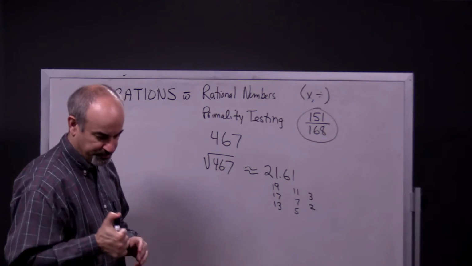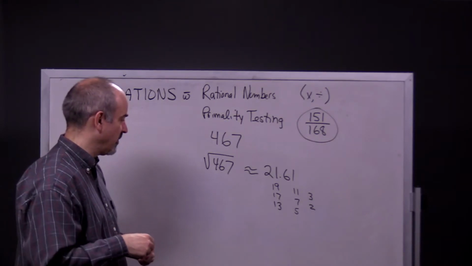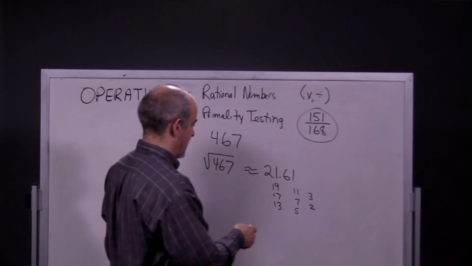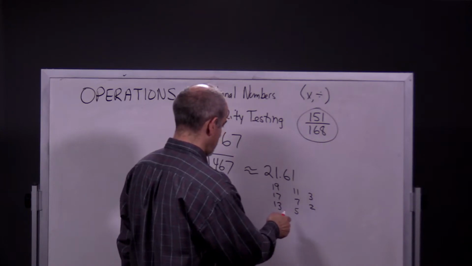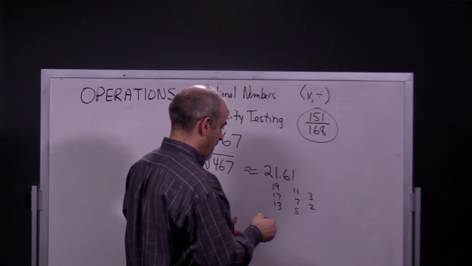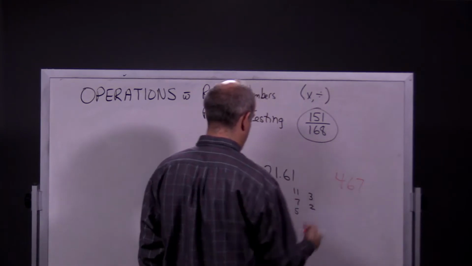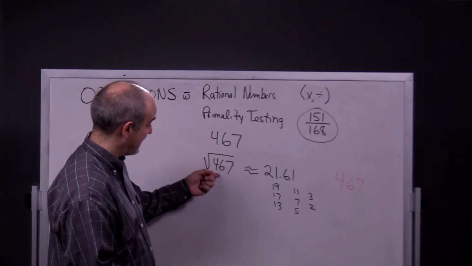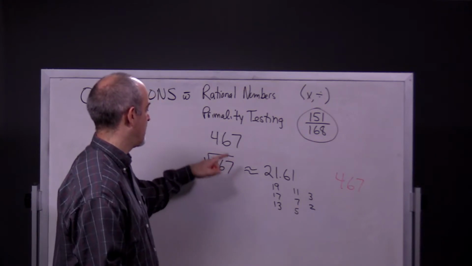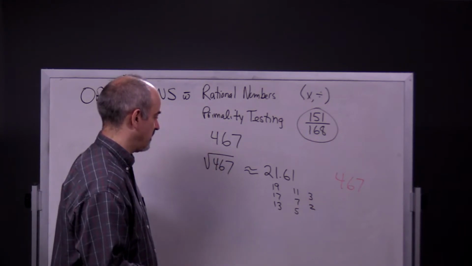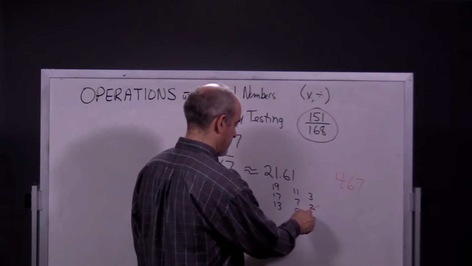11. Like I said, using divisibility rules, you can easily eliminate some of these. So now we're checking to see which of these numbers goes into 467. Not the square root of 467, but 467. 2 doesn't work. 5 doesn't work.